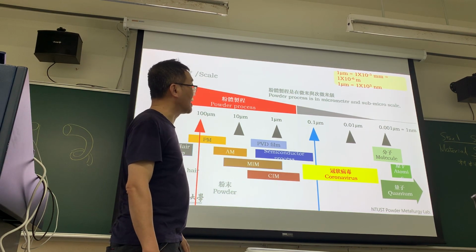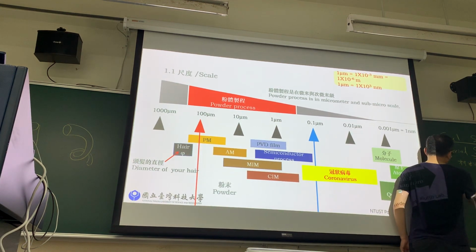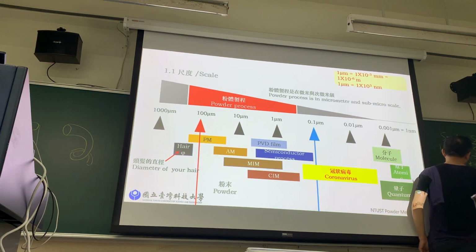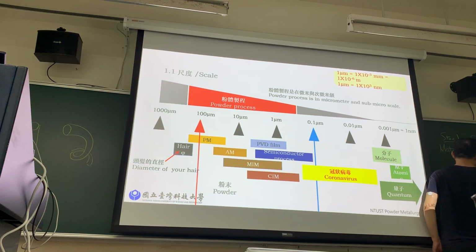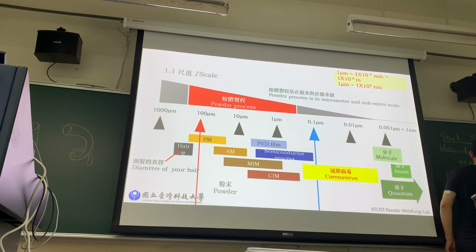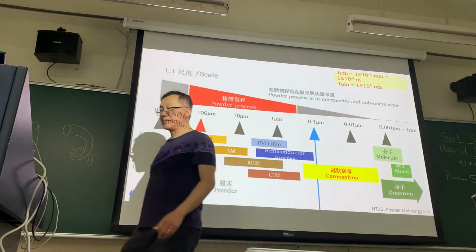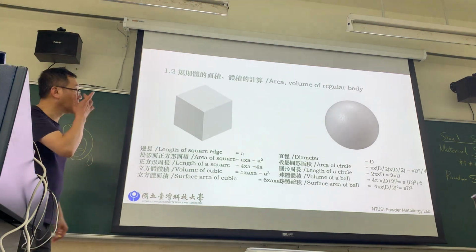So the first one is powder size. First is scale. You should remember. Okay.